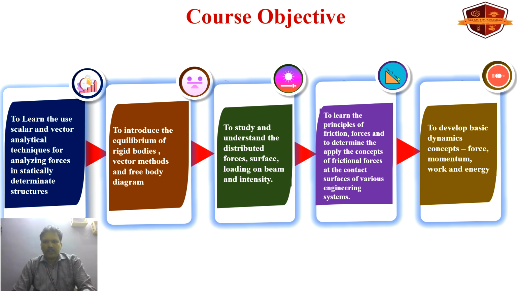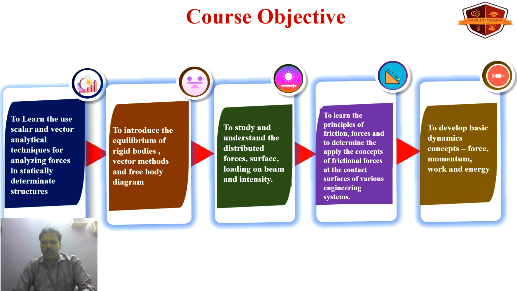So, why has this course been implemented for mechanical engineering students as well as mechatronics students? The main objective is that they have to study scalar and vector quantities and the techniques in that. They are also introduced to the equilibrium of rigid bodies and to understand distributed forces, that is beam and intensity.